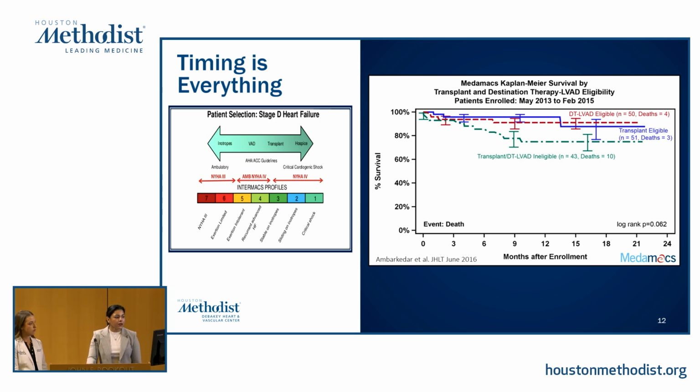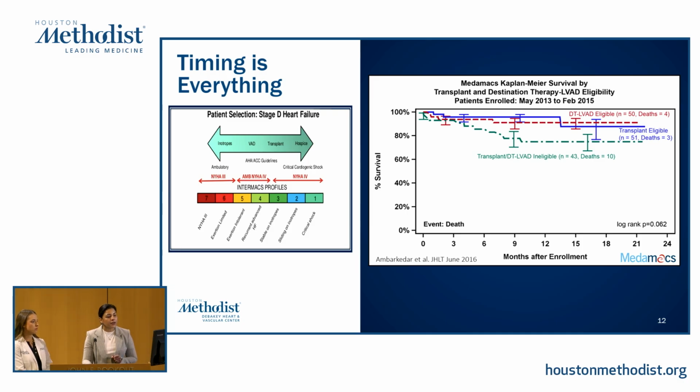So timing is everything because as you can see, on the left-hand side, you have patients, as we talked about, in different classification schema, how we use these classifications jointly, how these patients move from stability either to worsening or back to stability.